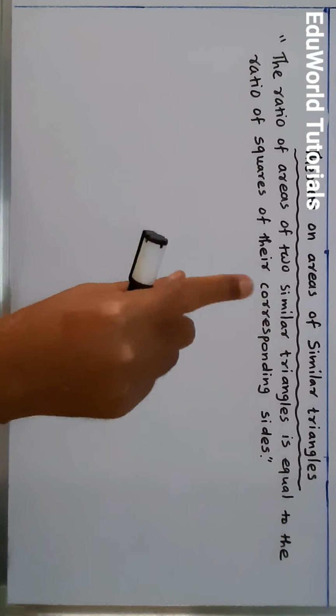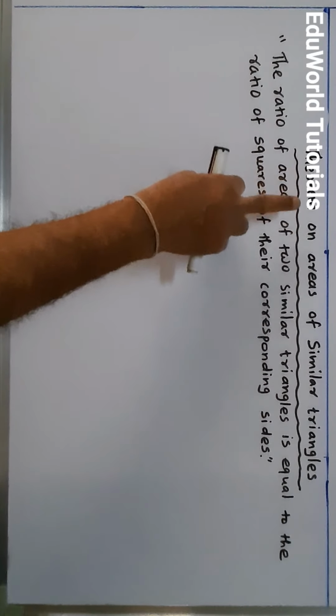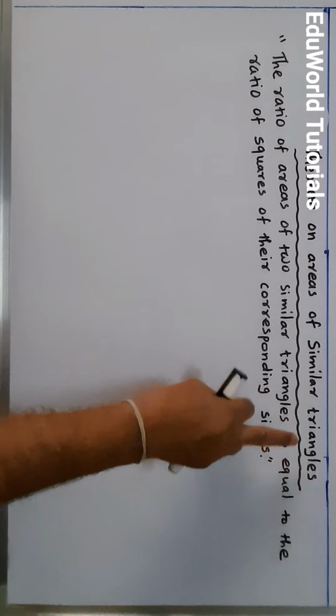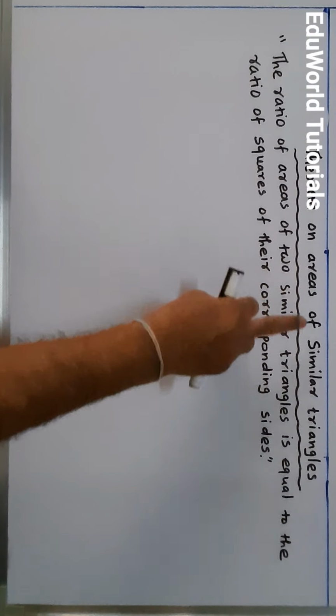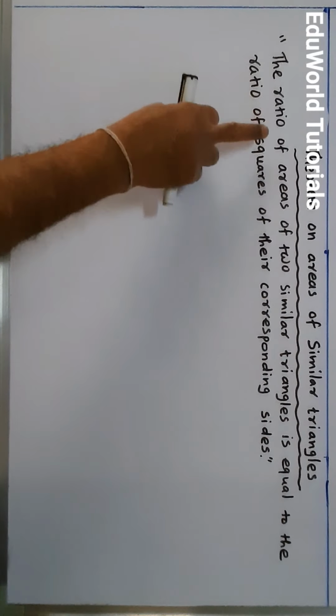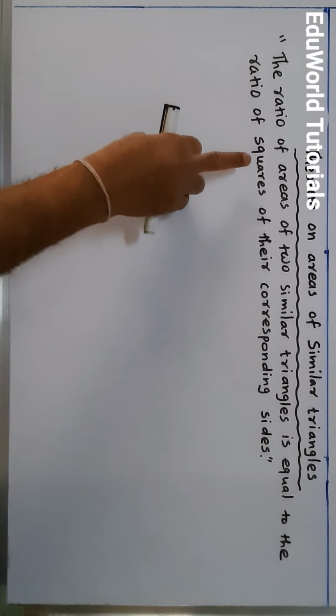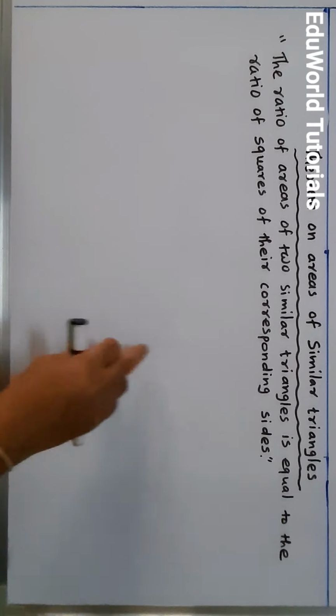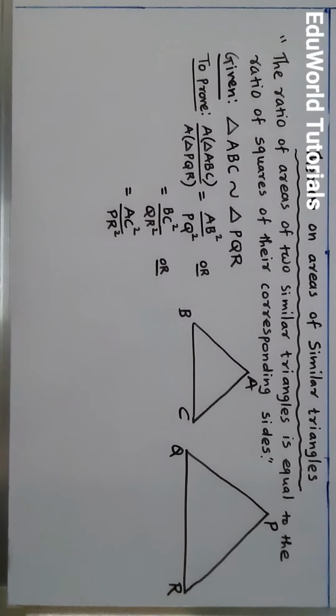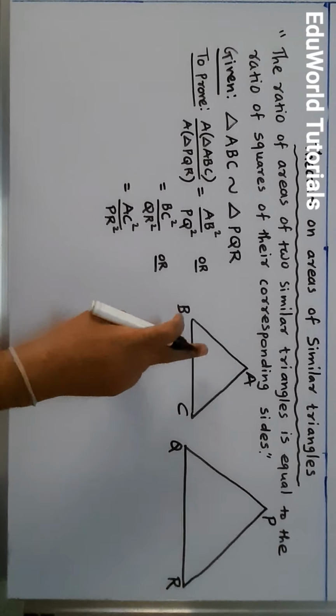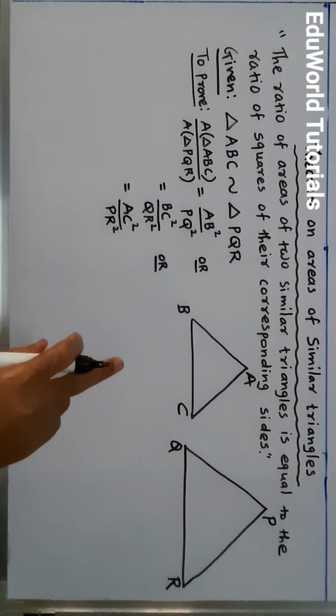That was the first property. Now this is the theorem on areas of similar triangles. It says that the ratio of areas of two similar triangles is equal to the ratio of squares of their corresponding sides. So students, here we have two similar triangles.